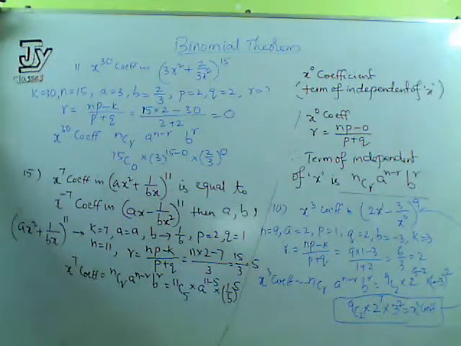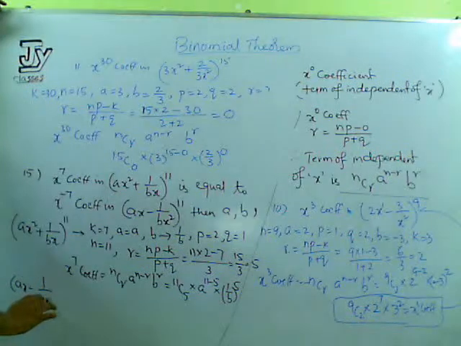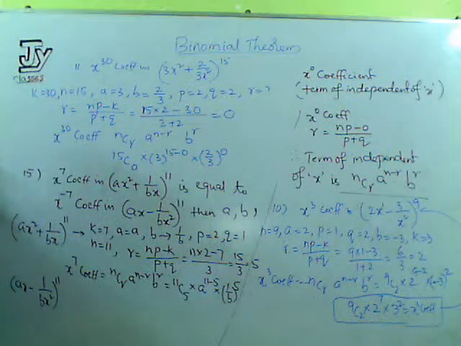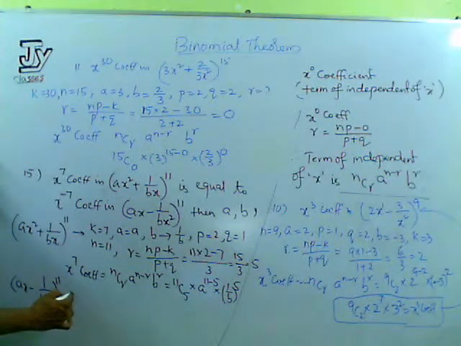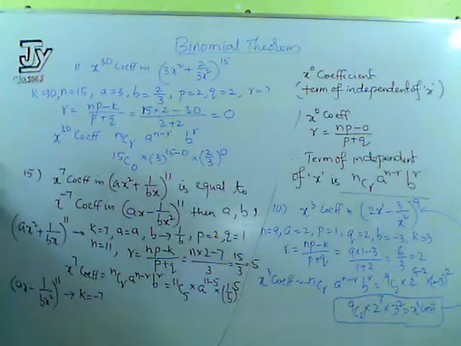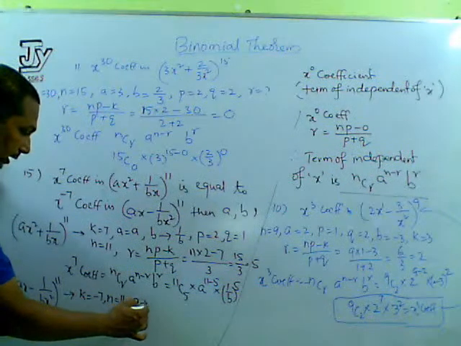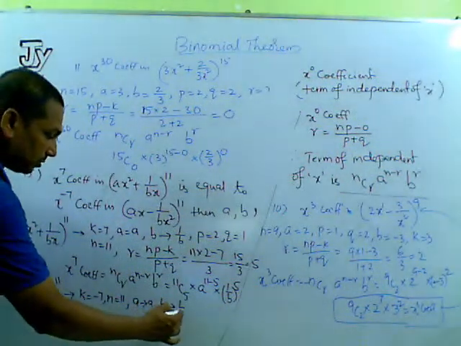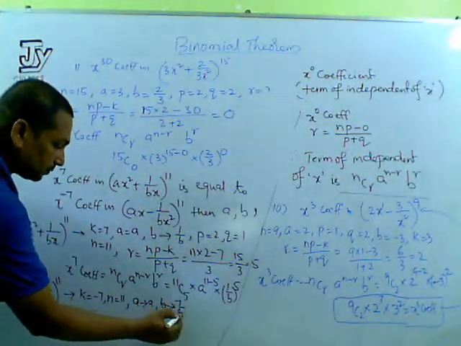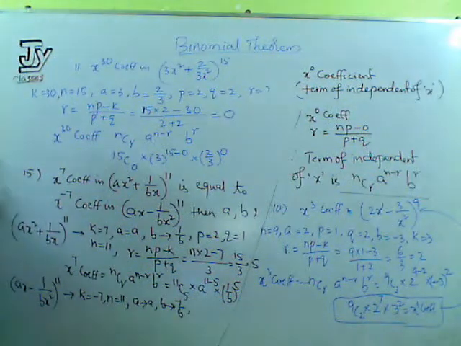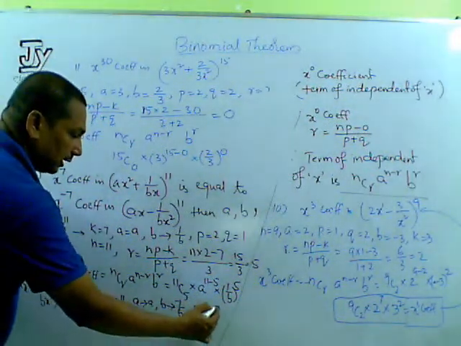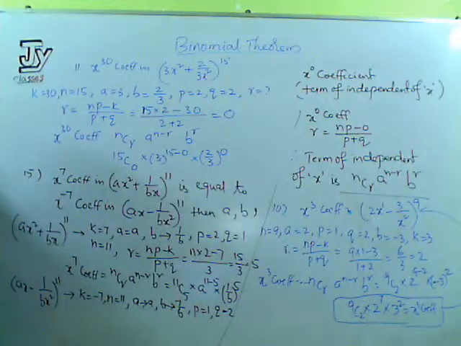Keep aside. Now (ax minus 1 by bx square) whole to the power of 11. Now you have to find k minus 7. n 11. a, b replaced by minus 1 by b. p value 1. q value 2.